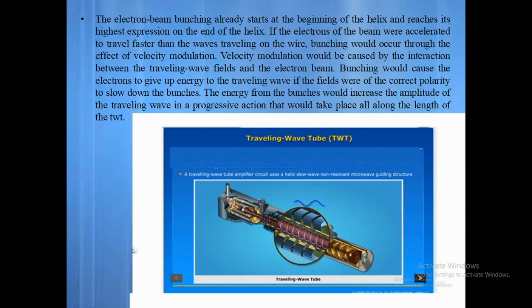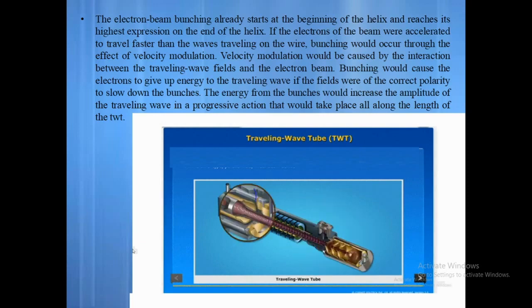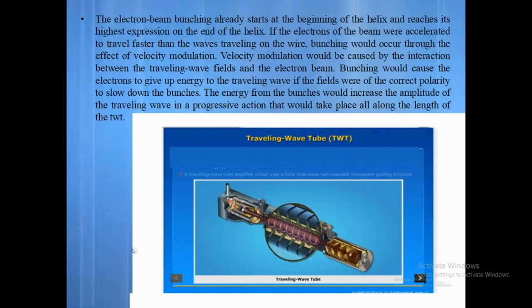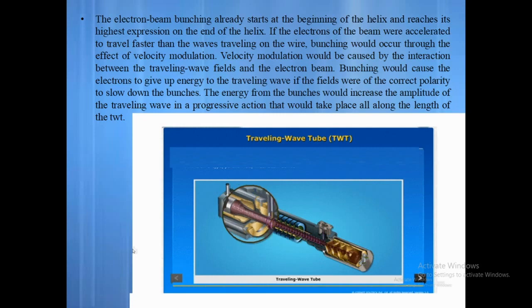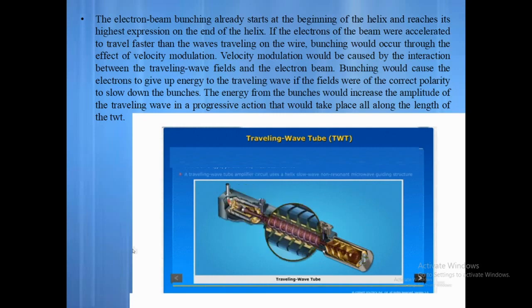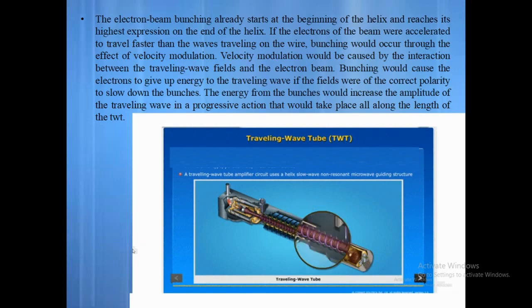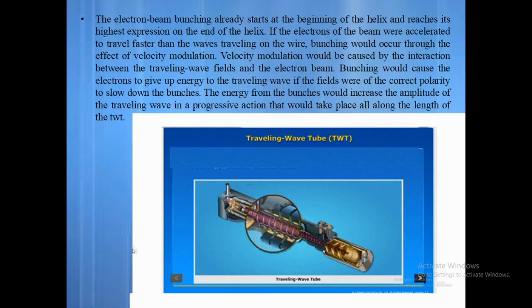If the field were of correct polarity to slow down the bunches, if the field is in positive polarity and negative polarity, based on these polarities, the bunching will occur. The energy from the bunches would increase the amplitude of the traveling wave in a progressive action that would take place all along the length of the traveling wave tube.